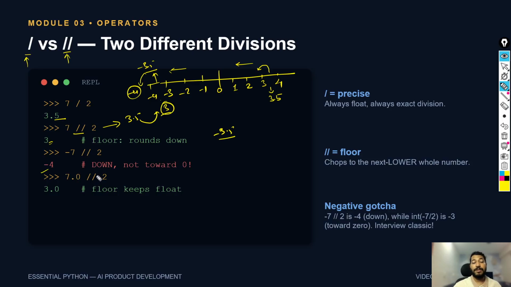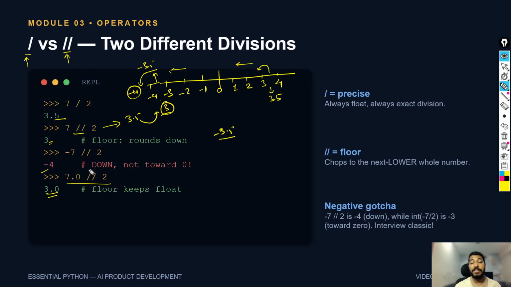Then 7 by 2 with float division. When we are performing this operation, we know that it will return 3, but the confusion is whether it will be floor or another integer. Just like the division operation, as a part of dividing two integers, it always returns a float, so float will be the answer.